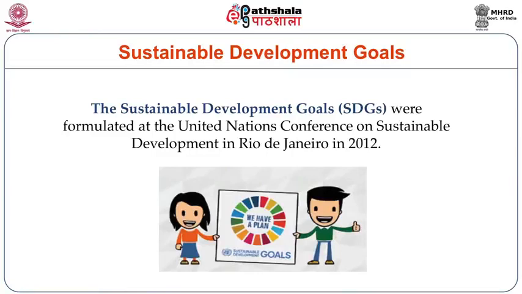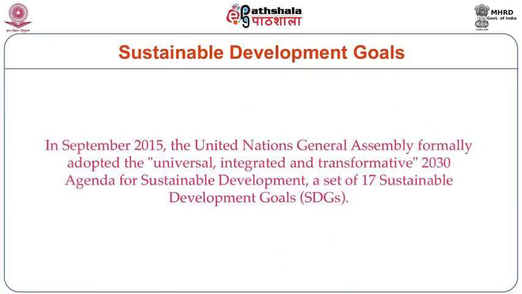The Sustainable Development Goals were formulated at the UN Conference on Sustainable Development in Rio in 2017. In September 2015, the United Nations General Assembly formally adopted the Universal, Integrated and Transformative 2030 Agenda for Sustainable Development, and it is a set of 17 Sustainable Development Goals.